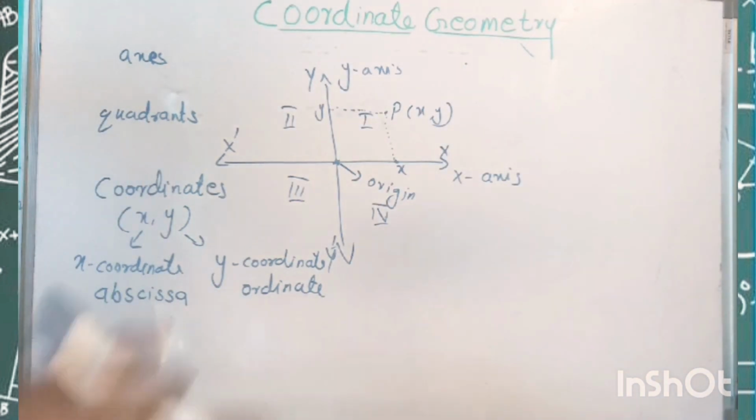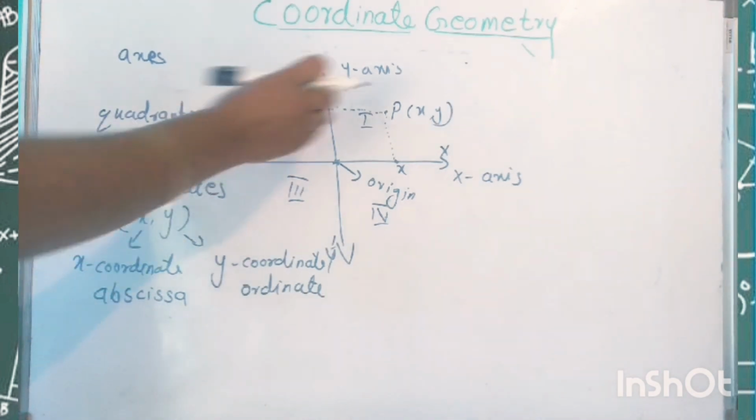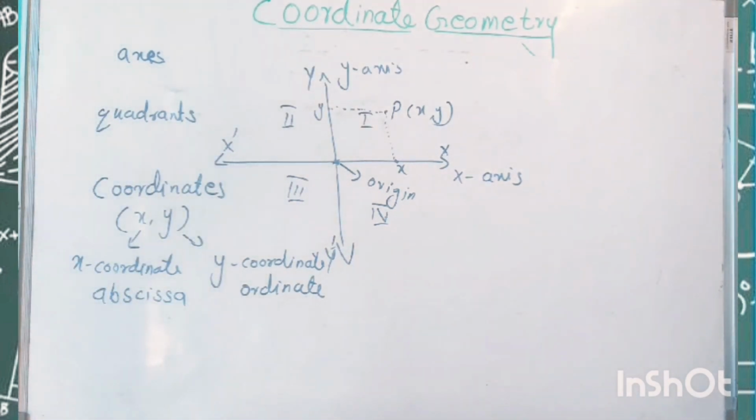Now, what about the signs of a point in the first, second, third and fourth quadrants?